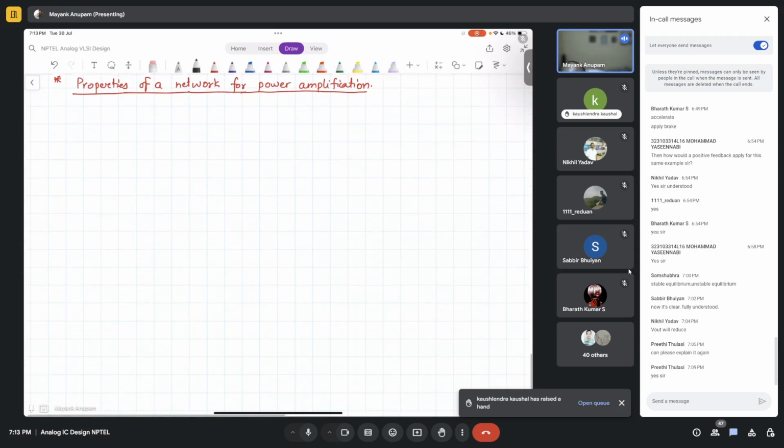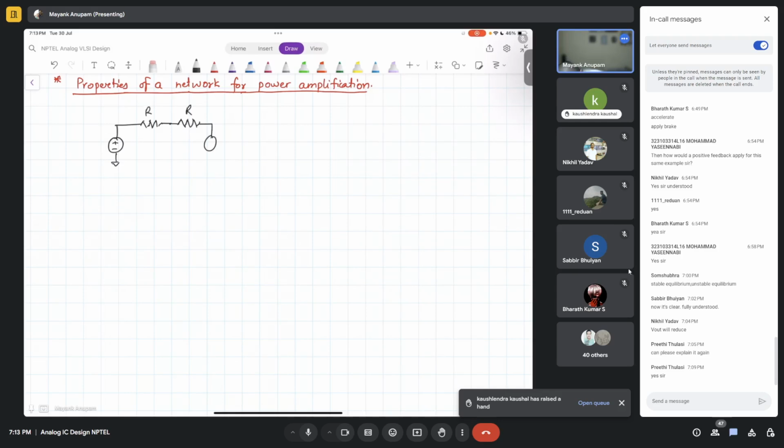Let me take a simple example. R1, let's call both of these R only, that simplifies a lot of problems.